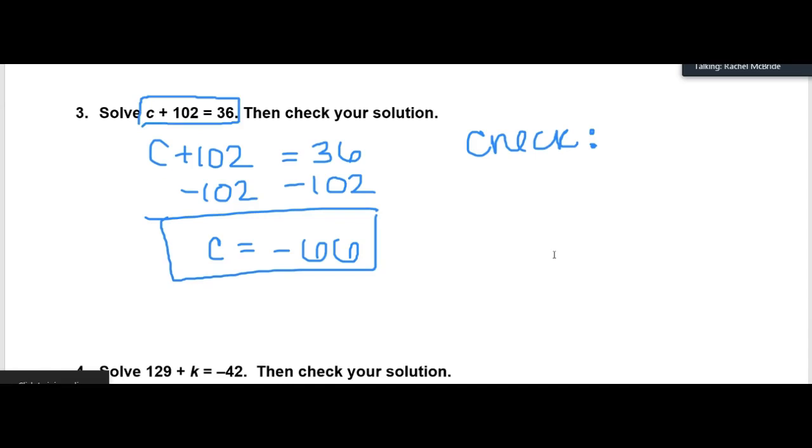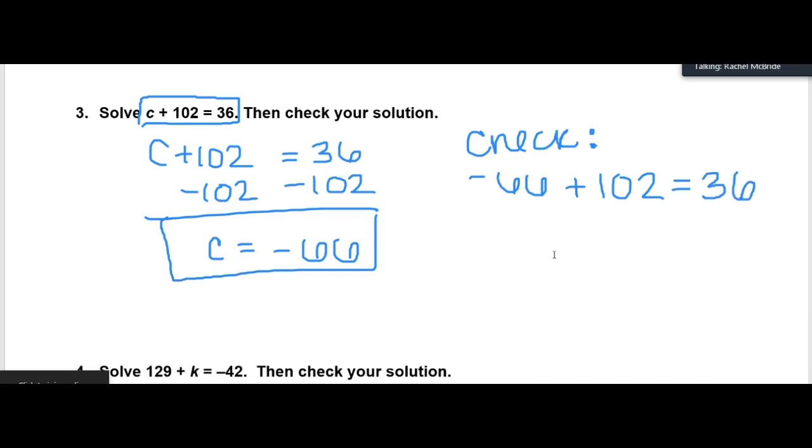What's it look like when you substitute that c value in? Yep. So you get negative 66, and then finish telling me what it's going to look like. Plus 102 equals 36.